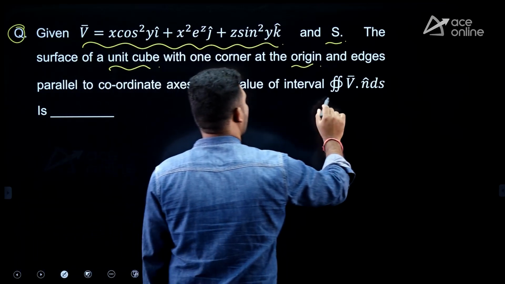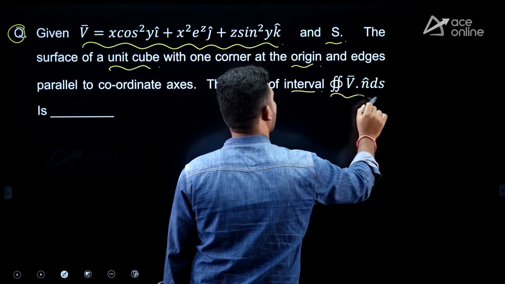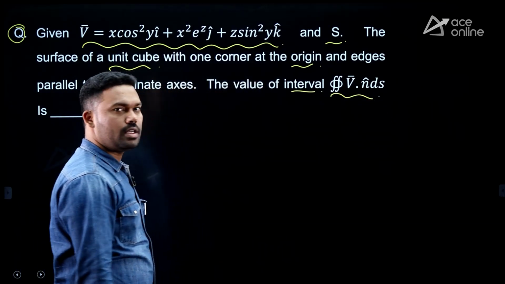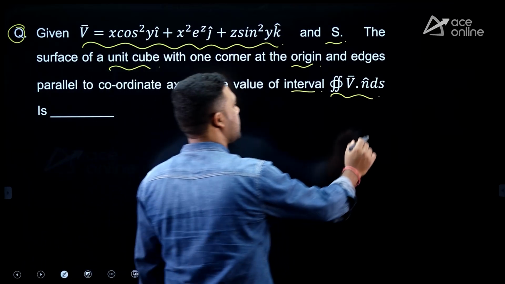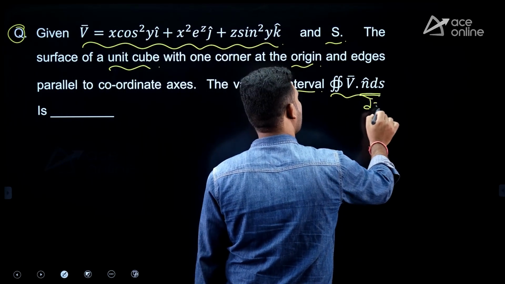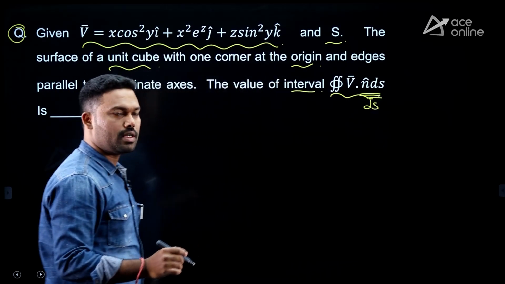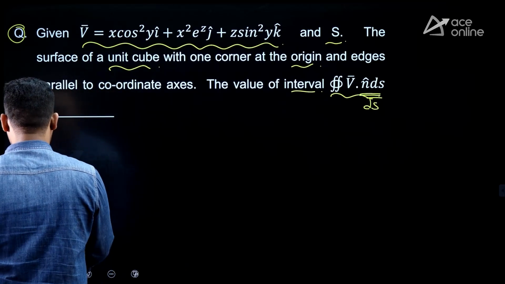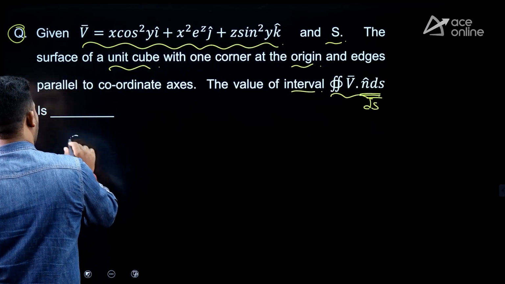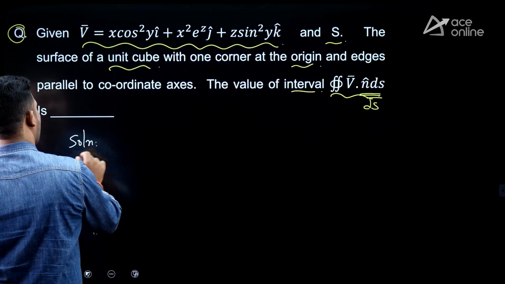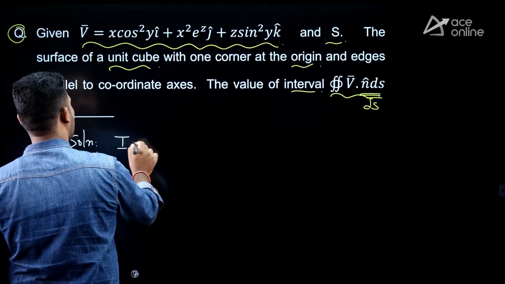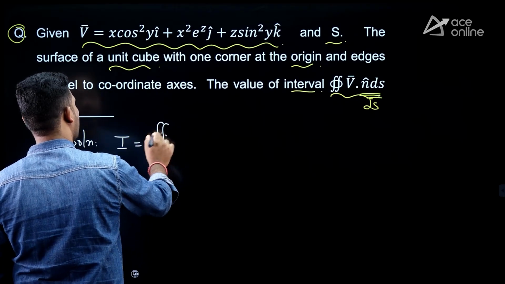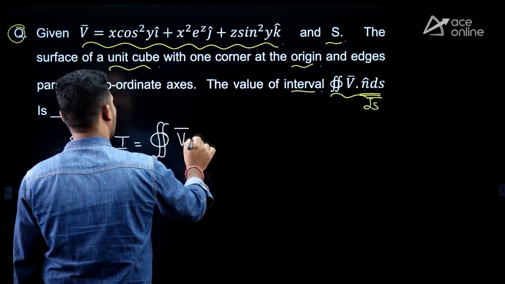The value of the integral, the closed surface integral of V dot dS, is... see, n dS is nothing but dS only. Area direction is the normal direction. So what is the integral asking for? The integral is the closed surface integral of V dot dS.